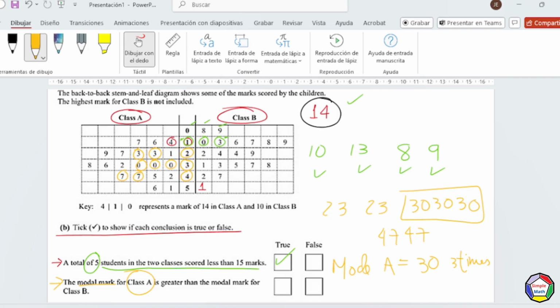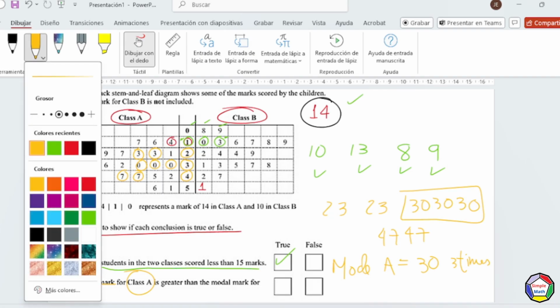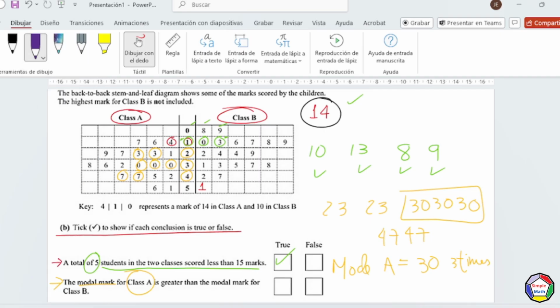And then let's see what happened with the mode in class B. In class B, we have the number 24 2 times. I don't see another number that is repeated.